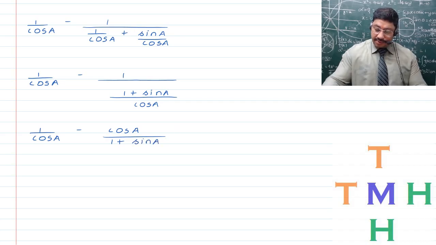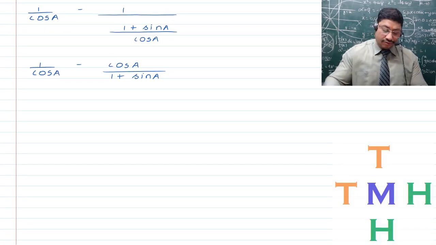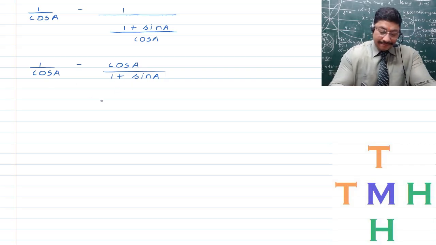So here children, next what we do is, as we find that both of these denominators cos A and 1 plus sine A are different, the LCM is going to be the product of both of these, that is cos A times 1 plus sine A is going to be written here.